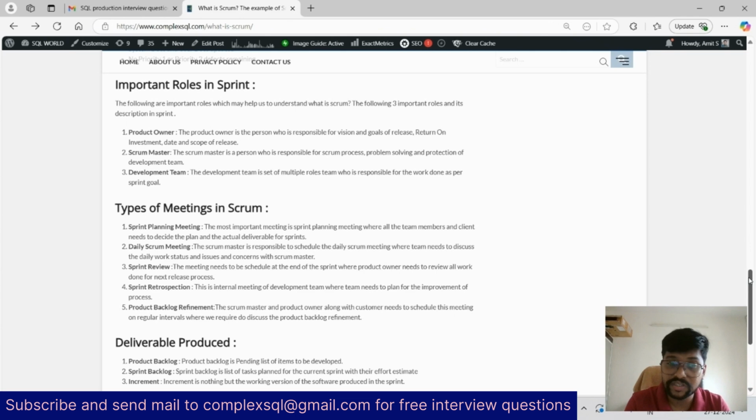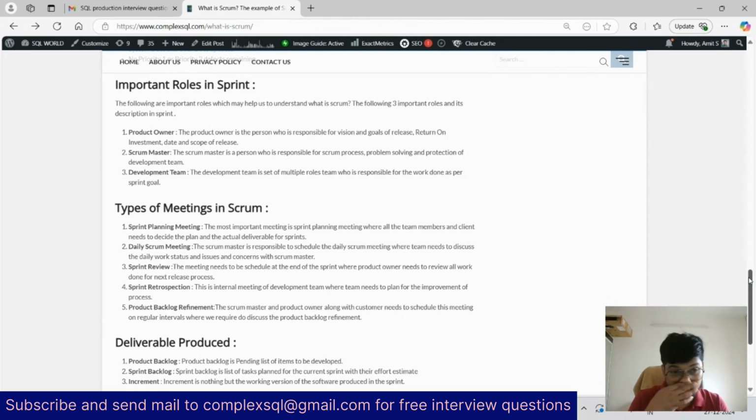Sprint retrospective: the Scrum Master's duty is to organize the sprint retrospective where we are discussing the improvement plan for the team as well as the improvement plan for the processes. And product backlog refinement session. So the Scrum Master and product owner, along with the customer, need to schedule this meeting at regular intervals where we require to discuss product backlogs.